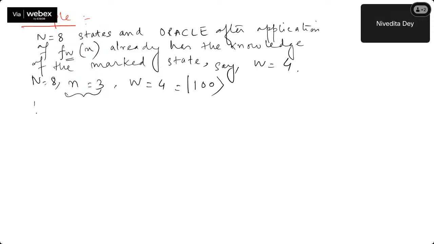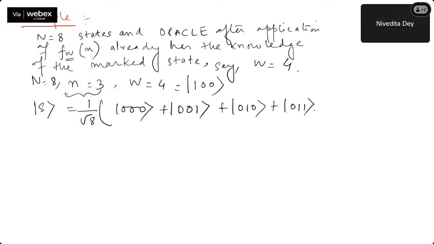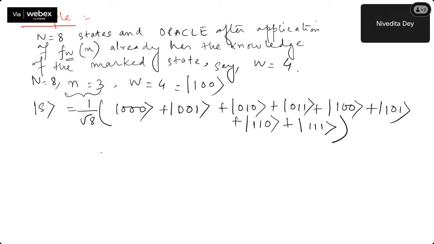Another thing, how your S should look: it will look like 1 by root over 8 times ket 000 plus 001, 010, 011, then 100, 101, then 110, plus 111. Okay, so just notice that in S, every amplitude is 1 by root over 8. That is the amplitude of each of these states.